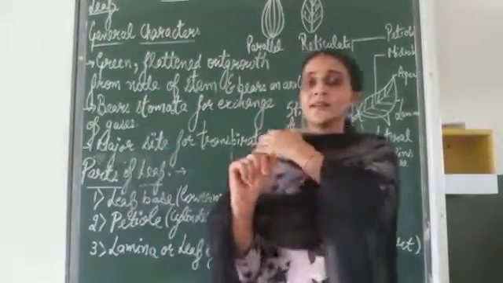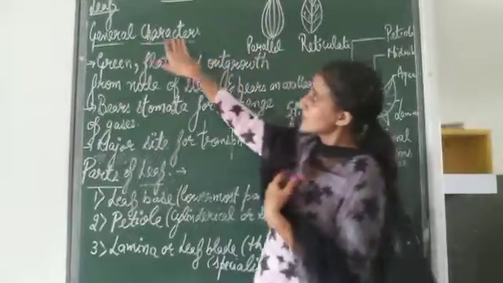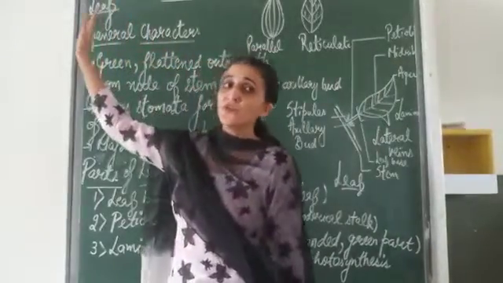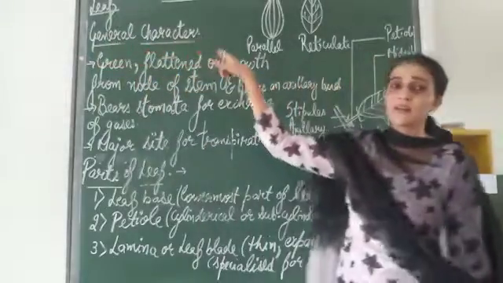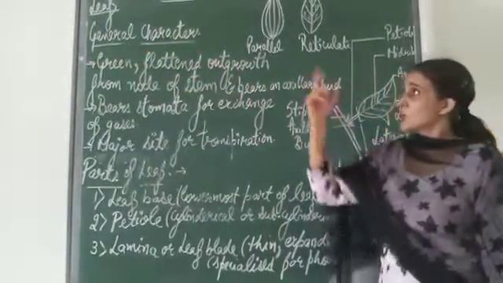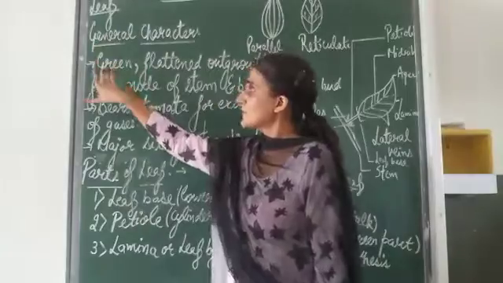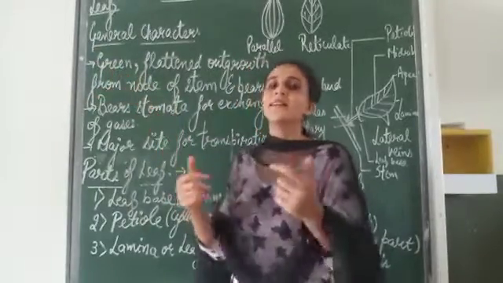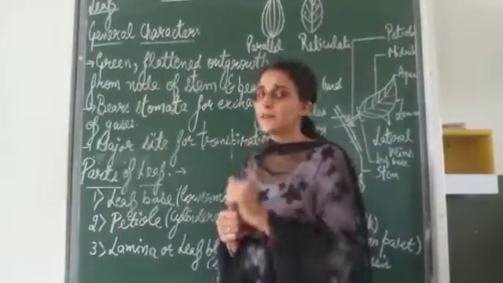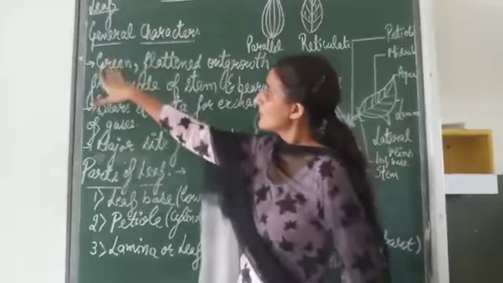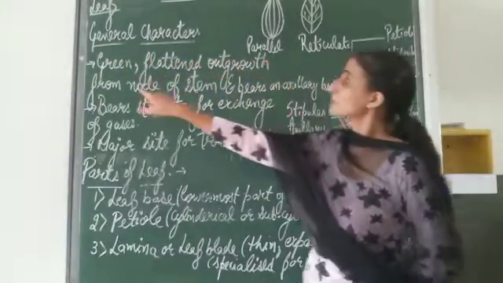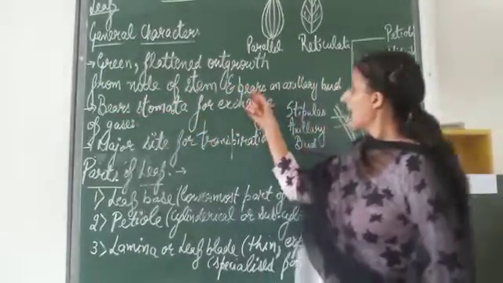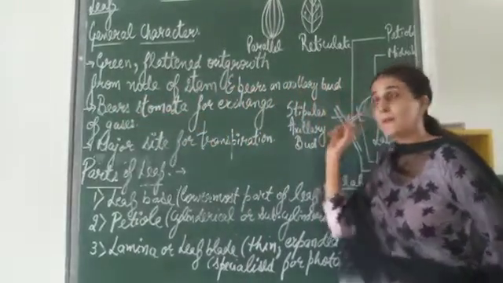So the next topic that I would like to start with you is leaf. Before starting with leaf, I would like to start with some general characters of leaf. So as you all know, leaf is green in color. Green is because of the presence of pigment chlorophyll. So leaf is a green, flattened outgrowth from the node of the stem and bears an axillary bud.